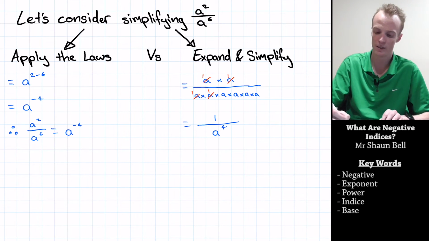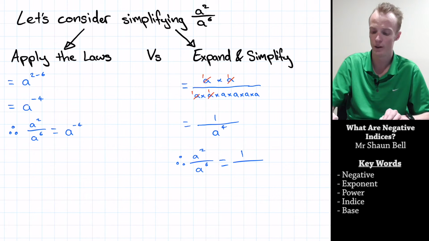So when we expand and simplify, we've therefore found that a to the second power over a to the sixth power is equal to 1 over a to the fourth power.